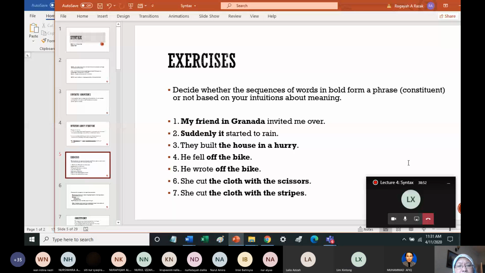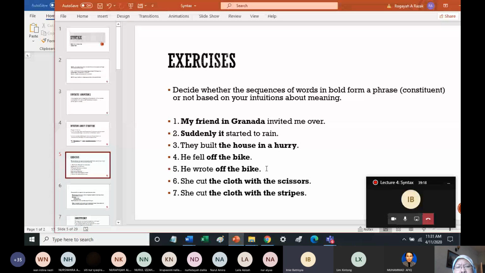Okay, Irni, what about number 5? Number 4 and 5 seem similar. Tell me, what about number 5? In English, we know that we have to abide by SVO, subject, verb, and object. So the verb is rode, and then the object is off the bike.